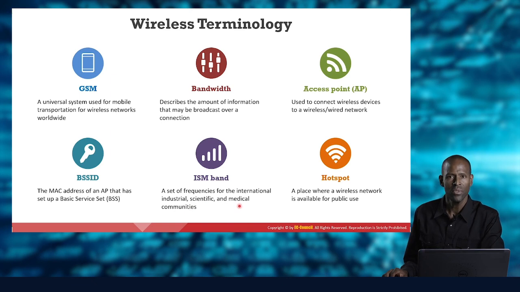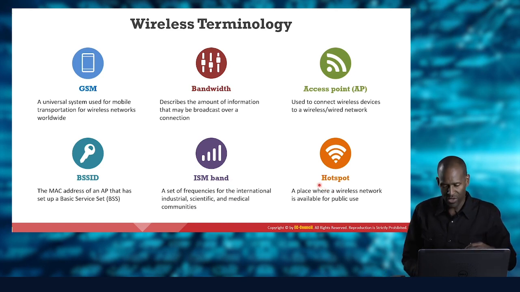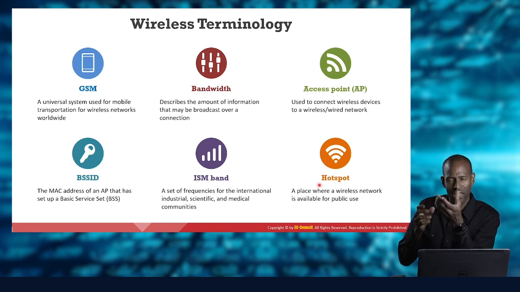Every one of us is using the same frequency, so we have to be very careful with that. And then we have the idea of a hotspot where we can make a wireless network available at any time. I can turn on my phone and make it into a hotspot. I can get a device and use it as a hotspot and have instant internet access.